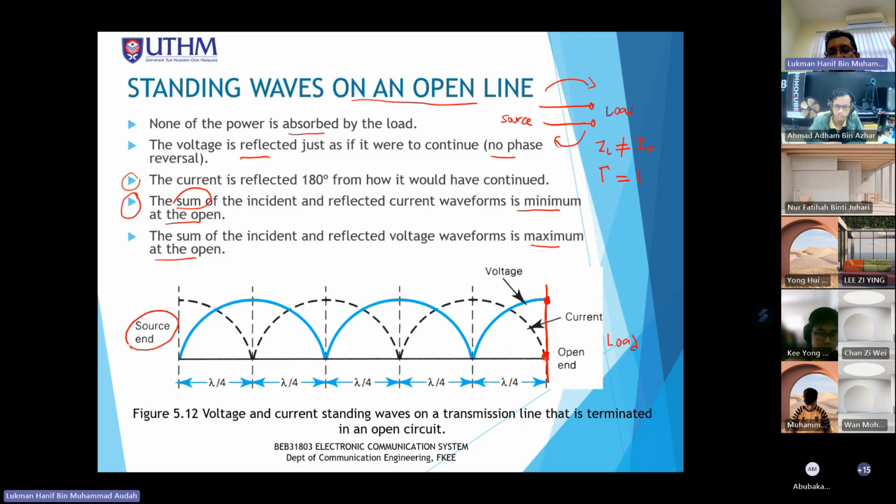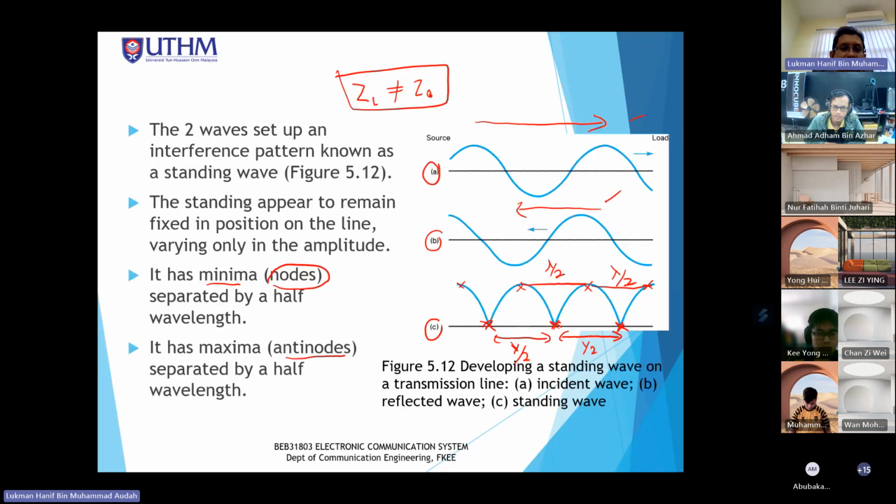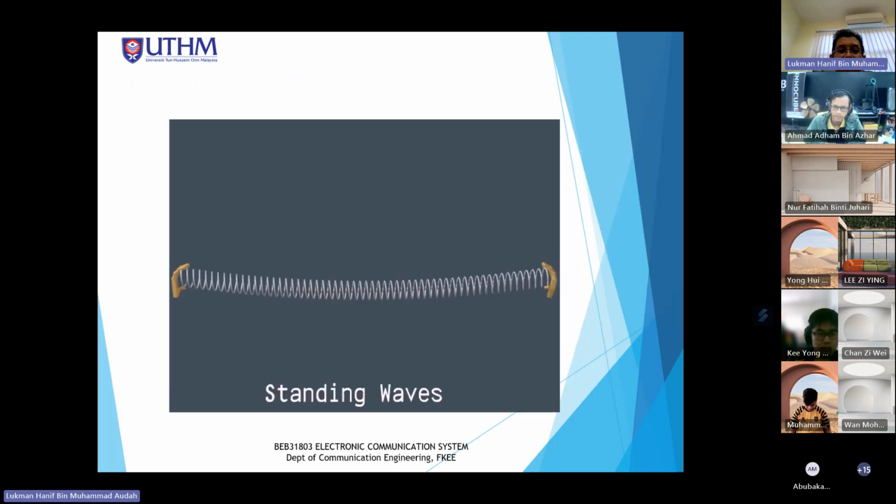Then if we move from the open line to the left towards the source, what happens? If we move lambda over 4 from the open line, the voltage becomes minimum, or nodes. Minimum is nodes, maxima is antinodes. Just a name, terms.